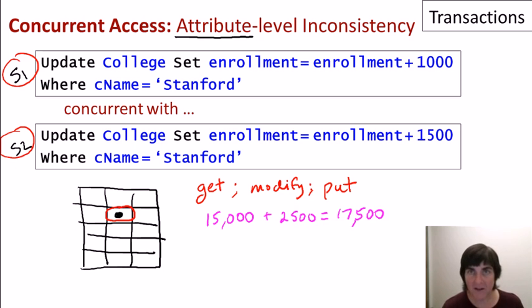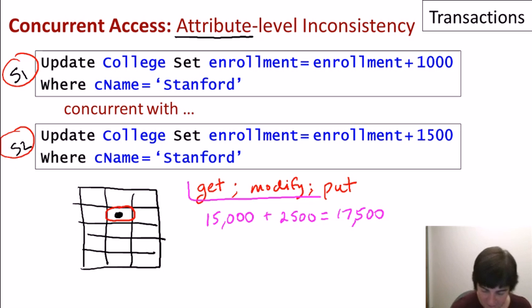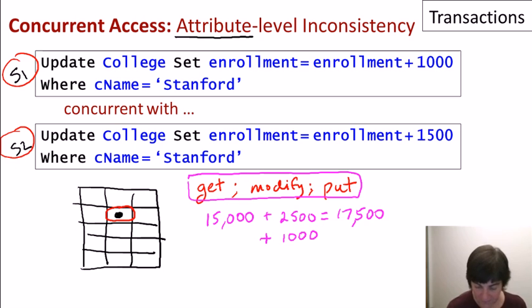On the other hand, if they really can interleave their get, modifies, and puts, then it is possible that we'll instead only add 1,000 because the 1,500 gets lost, or we could only add 1,500. So there are three possible final values if there's interleaving of the operations that modify the value. Of course, we're going to see that there are mechanisms in the database to avoid this, but I want to motivate the reason that we have to have those mechanisms.